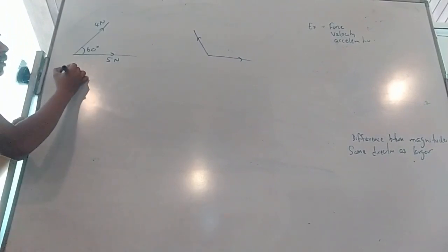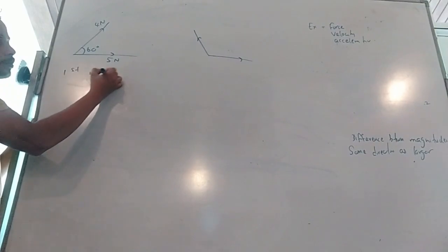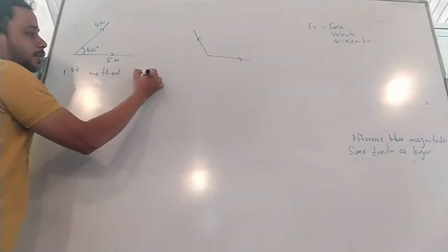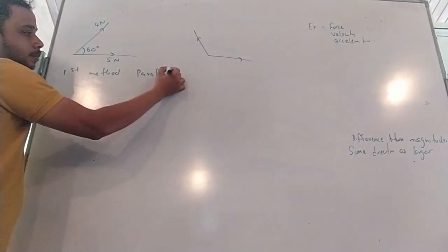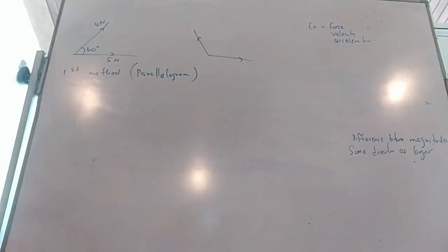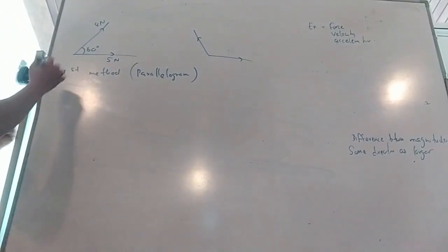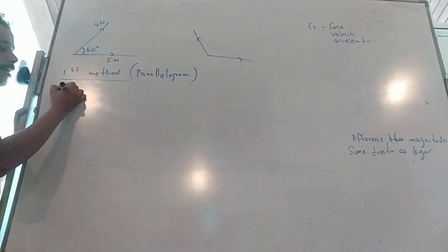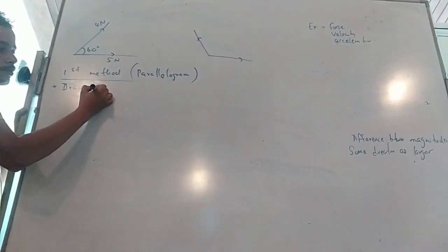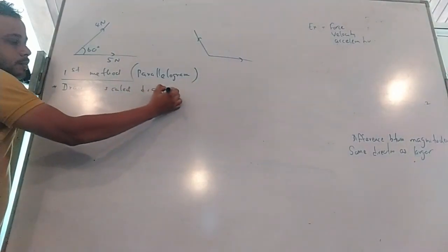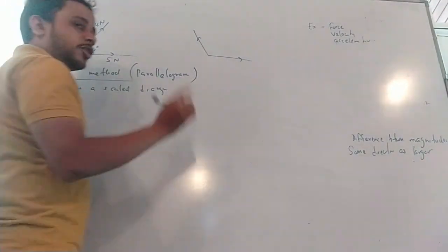To find the resultant of these forces, there are actually two methods. The first method we can call the parallelogram method. What we do is draw a scale diagram, carefully. First you draw it like this.